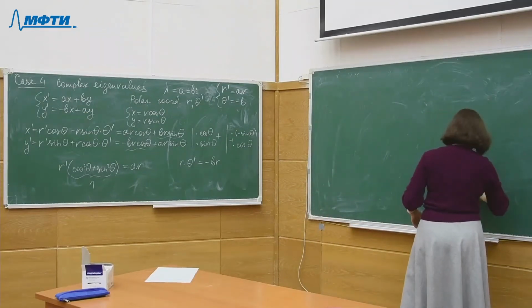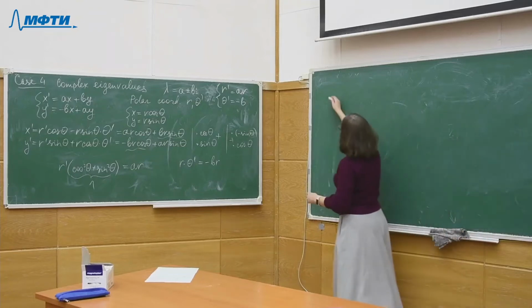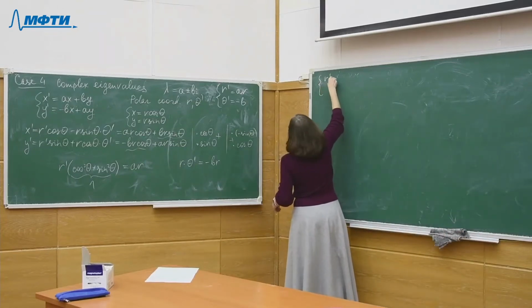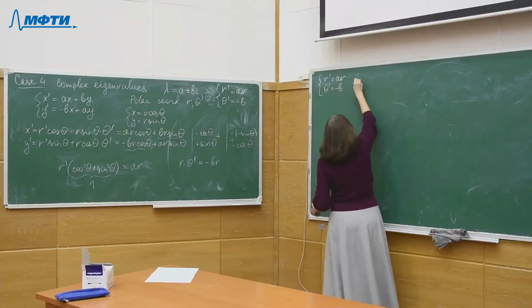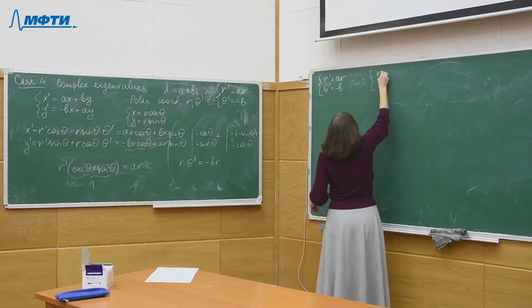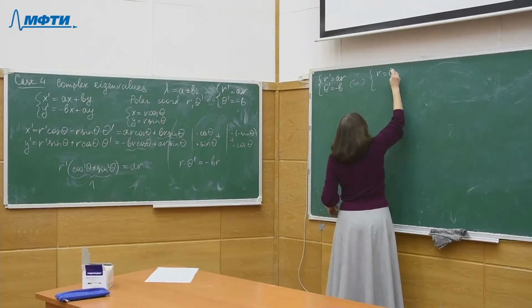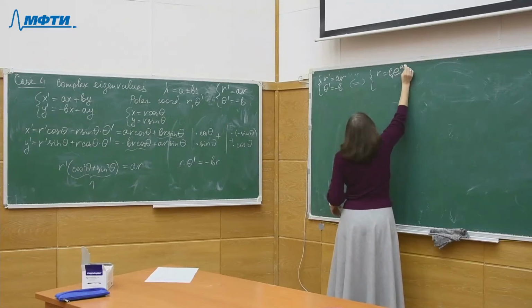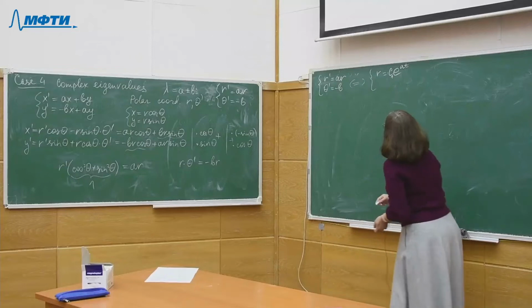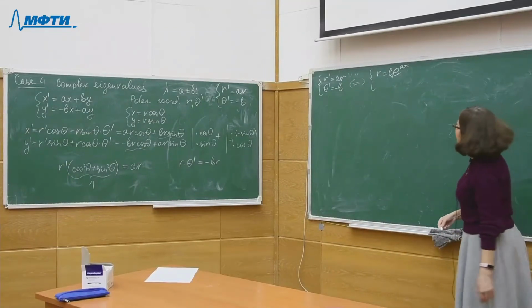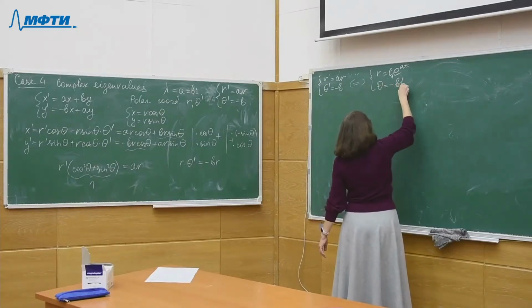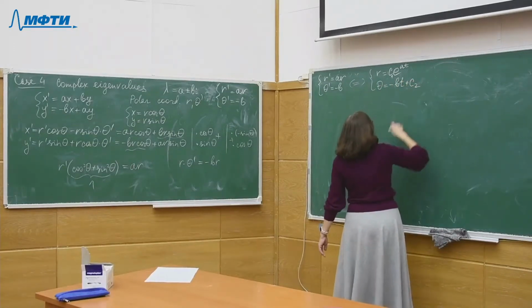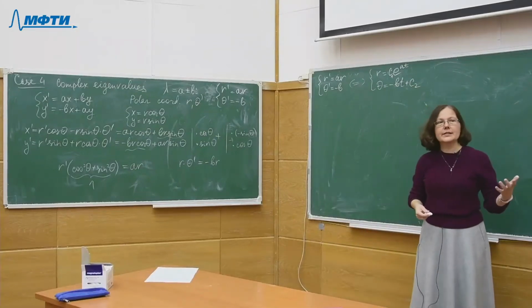Let's solve it. r is equal to C1 e to the power at, an exponential function, and theta is equal to minus bt plus C2. These are two constants, C1 and C2.